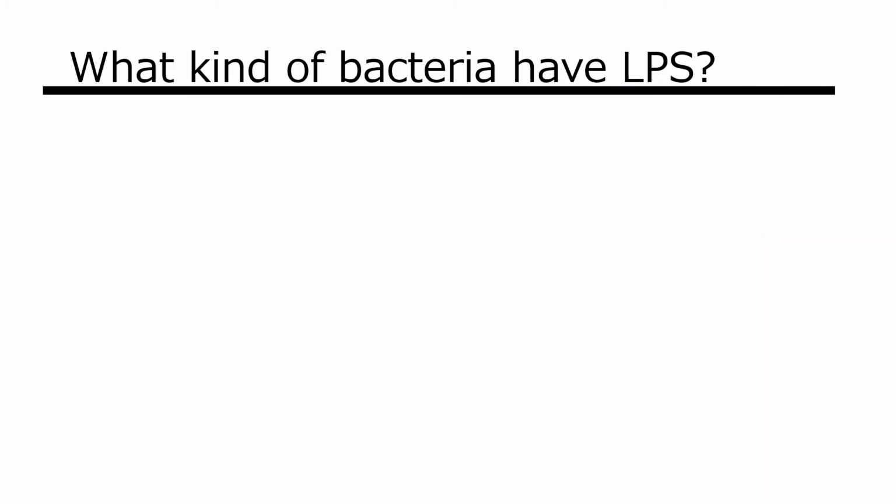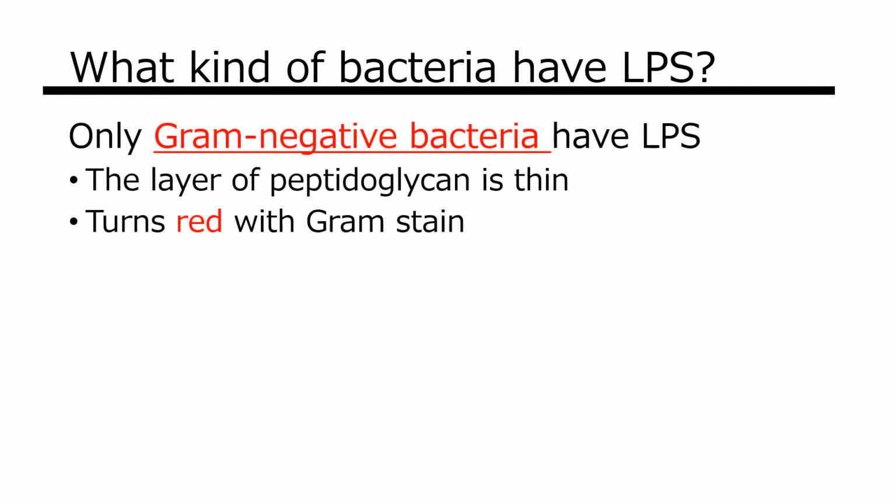Then, what kind of bacteria carry or produce endotoxin? The answer is gram-negative bacteria. Based on how they are stained with Gram stain, bacteria can be categorized into two groups: gram-positive bacteria and gram-negative bacteria.